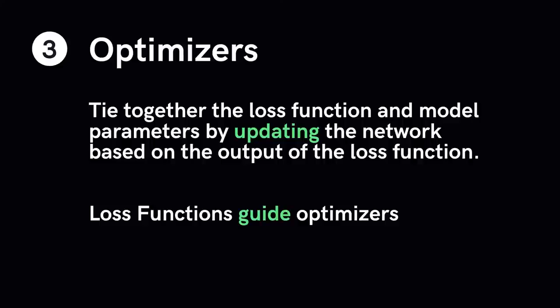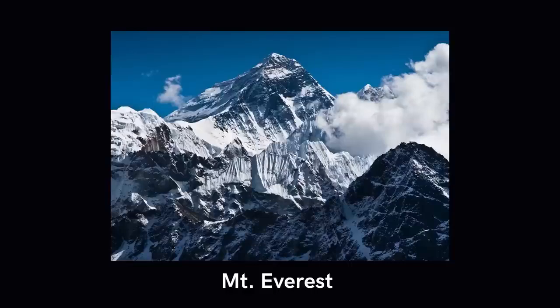To understand this better, imagine that you have just scaled Mount Everest, and now you decide to descend the mountain blindfolded. It's impossible to know which direction to go in. You could either go up, which is away from your goal, or go down, which is towards your goal. But to begin, you would start taking steps. Using your feet, you'll be able to gauge whether you're going up or down.